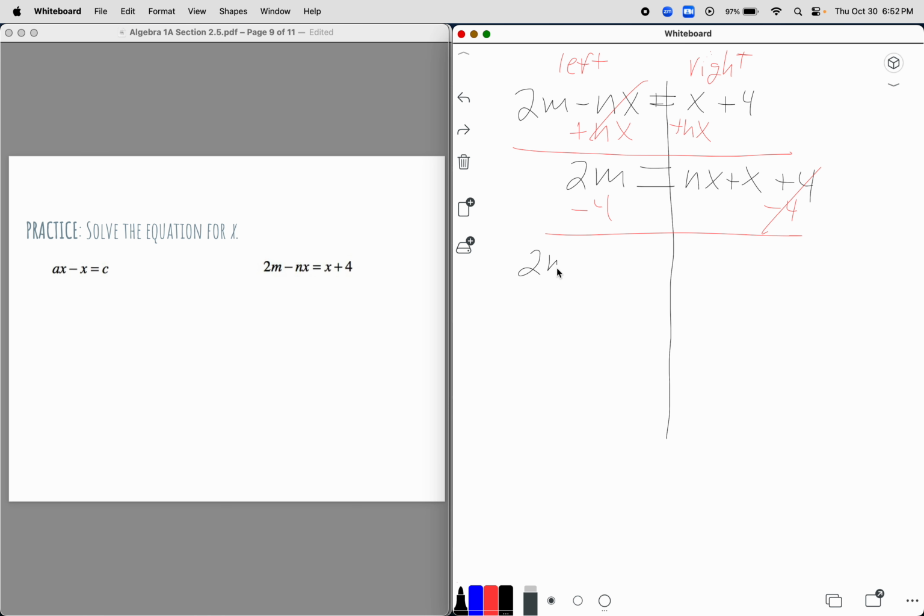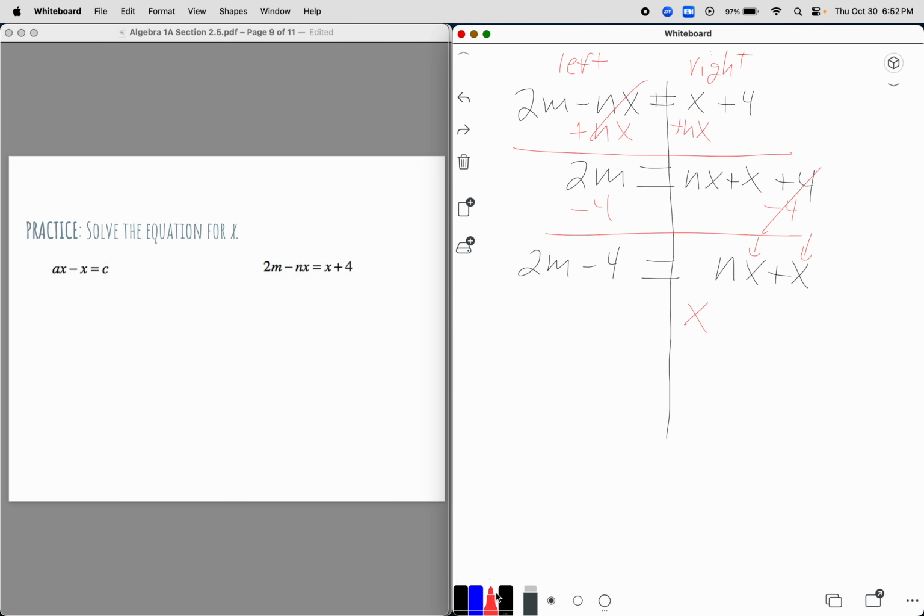We have 2m minus 4 on the left side. We have now the nx plus x on the right. They both have an x. We have an x here. We have an x here. We can pull it to the front. And that's exactly what we're going to do. We're going to pull the x to the front. And whatever is left over, we're going to put it in parentheses.